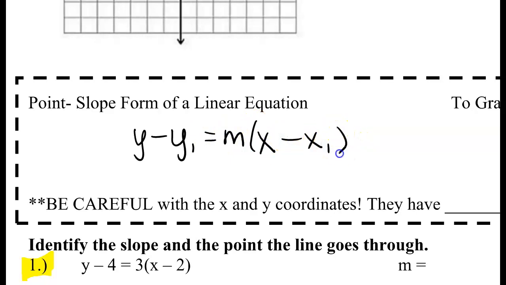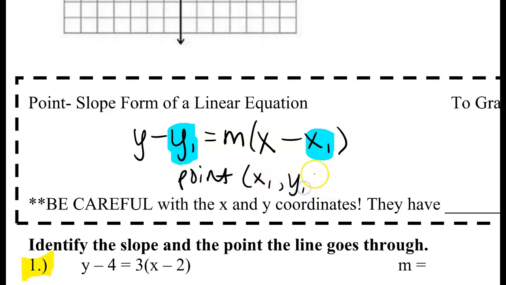That's the generic formula, where m still represents slope, and x1 and y1 represent the point that we'll use. So our point in this generic form would be x1, comma y1.